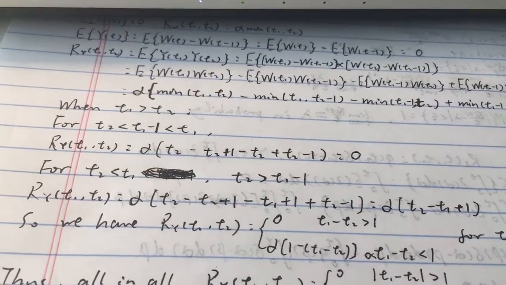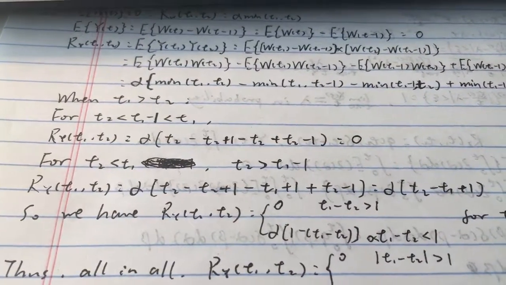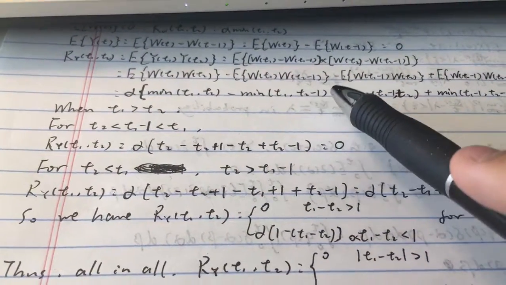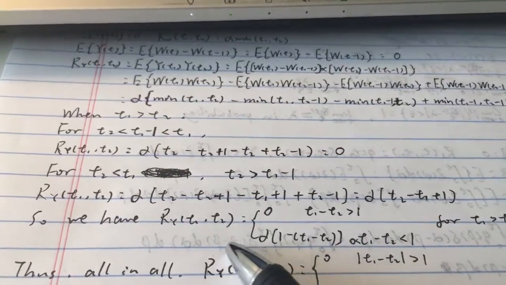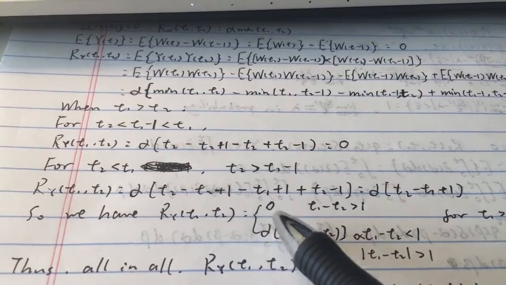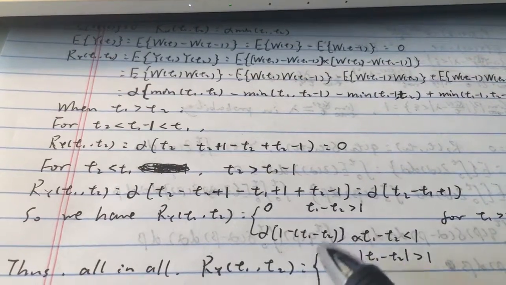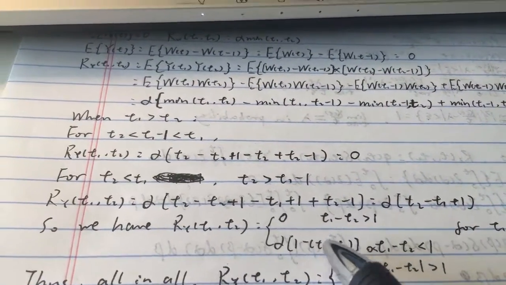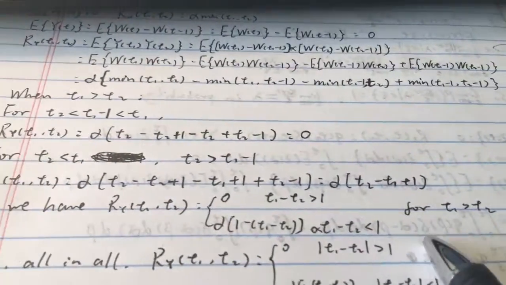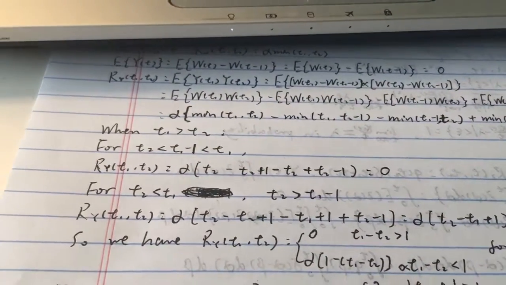For t2 more than t1, it should be the same, and the result should be 0, or alpha multiplied by 1 minus the value of t2 minus t1. This is for when t2 is more than t1.